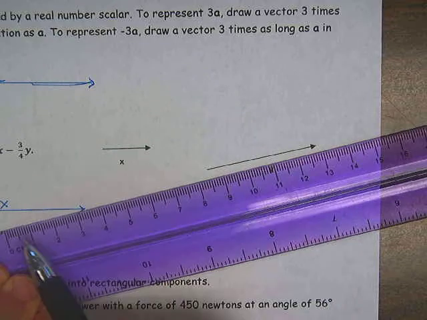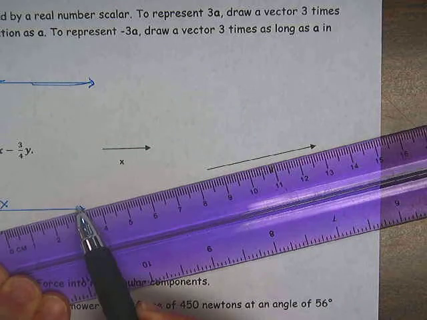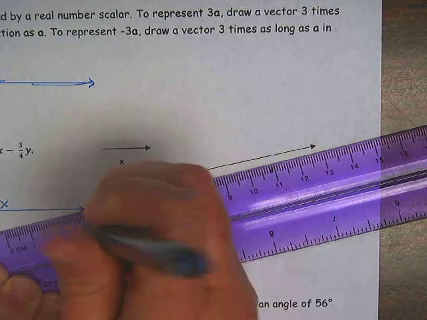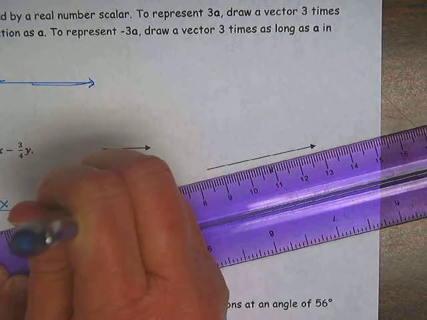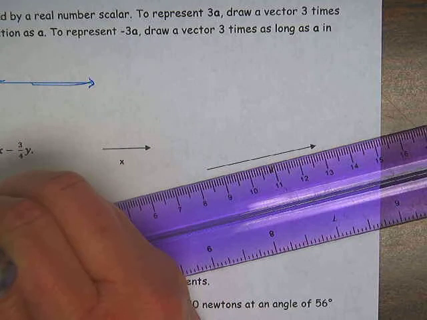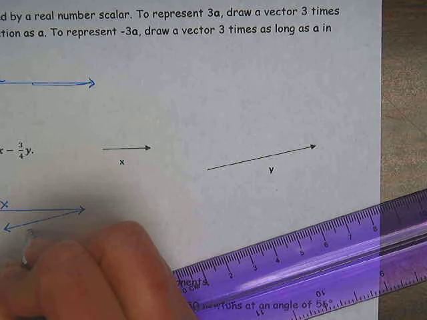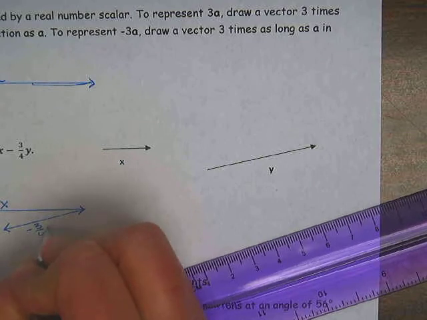Now, vector y is going this direction, and I want it to be the opposite. So I'm going to draw this vector in the opposite direction, 3.3 centimeters in this direction. And this will represent negative 3/4 y.